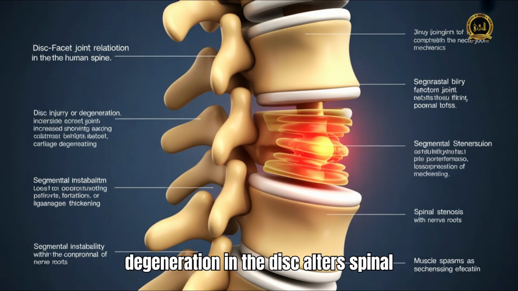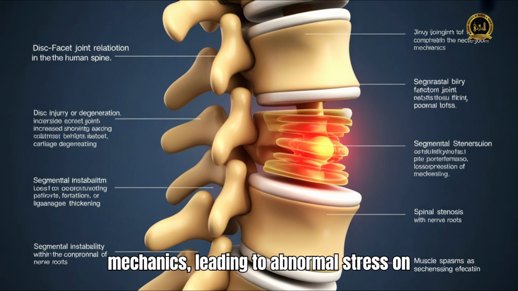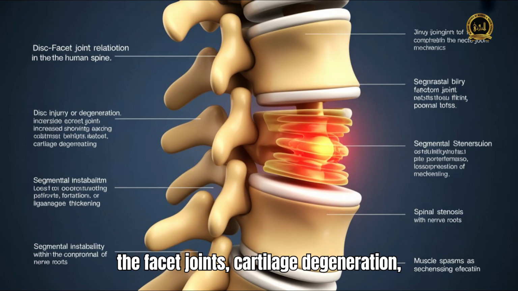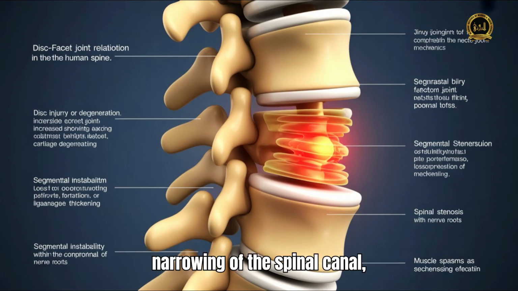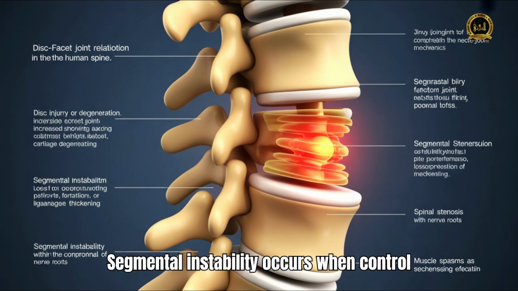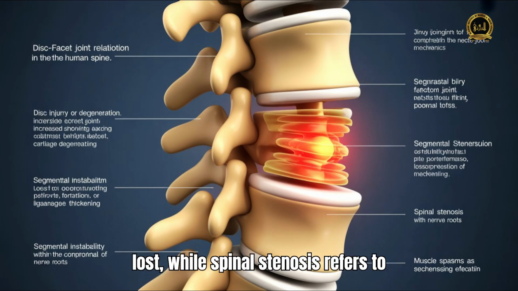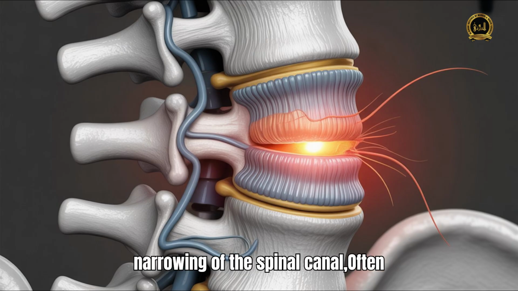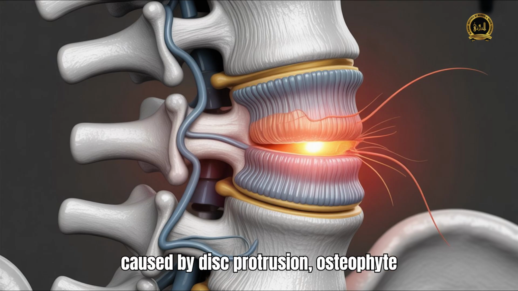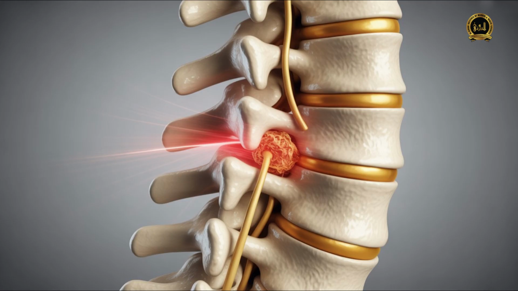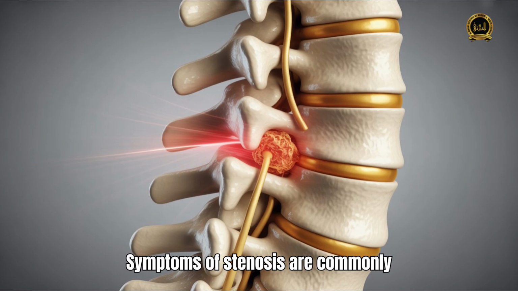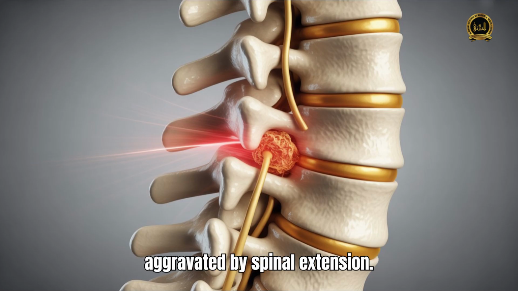Any injury or degeneration in the disc alters spinal mechanics, leading to abnormal stress on the facet joints, cartilage degeneration, narrowing of the spinal canal, instability, and muscle spasm. Segmental instability occurs when control within the neutral zone of movement is lost, while spinal stenosis refers to narrowing of the spinal canal, often caused by disc protrusion, osteophyte formation, or ligament thickening. Symptoms of stenosis are commonly aggravated by spinal extension.